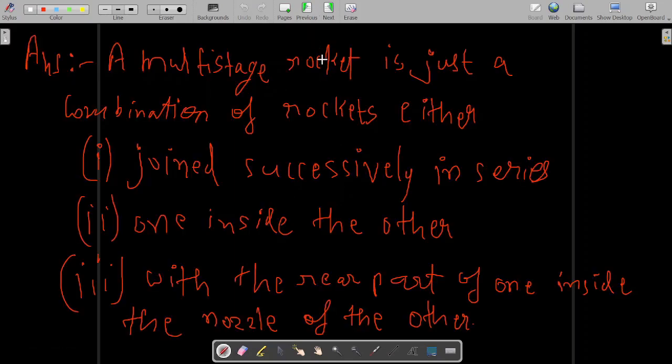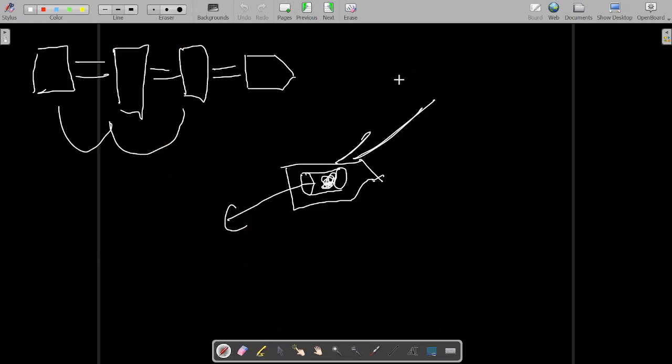With rear part of one inside the nozzle of the other. Now what kind of rocket is this?